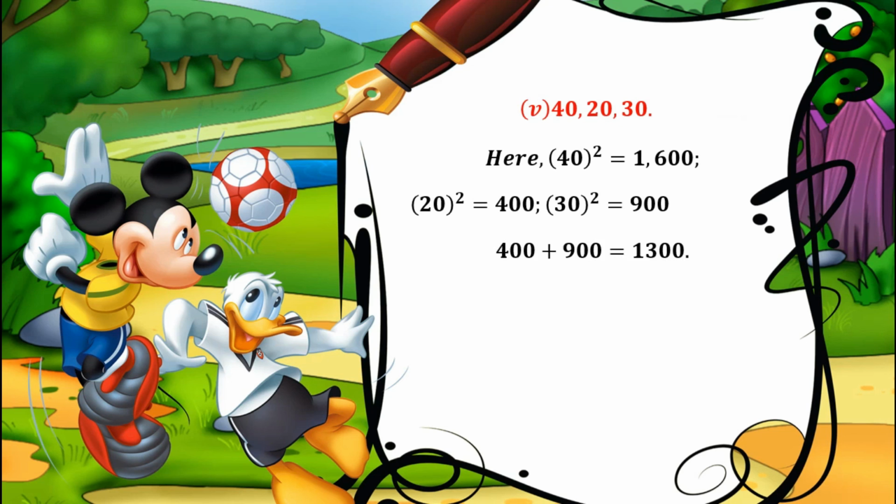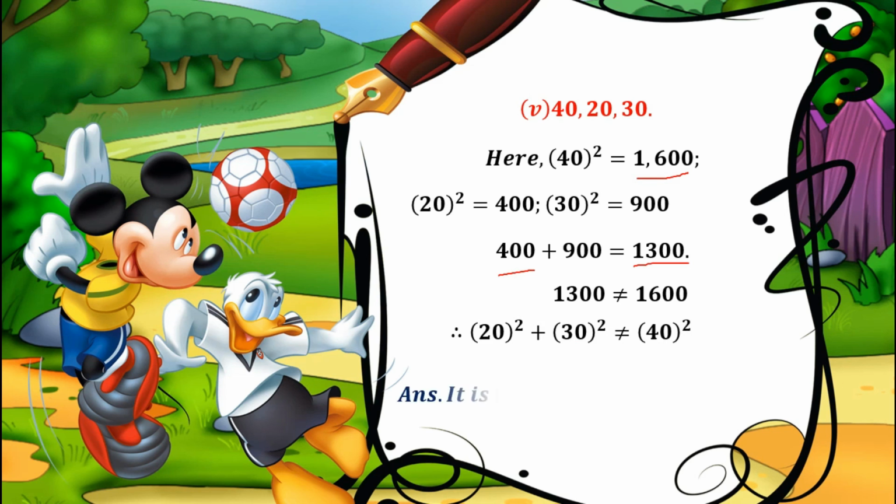Okay, so here you observed that 40 raised to 2 will be 1600 and the addition of 20 raised to 2 and 30 raised to 2 will be 400 plus 900 means 1300, and you will see that 1300 is not equal to 1600, so it is not a right angled triangle. Okay, इस तरह से हम देखेंगे कि ये एक कायमतुज़ ज़ाविया मुसलस नहीं है.